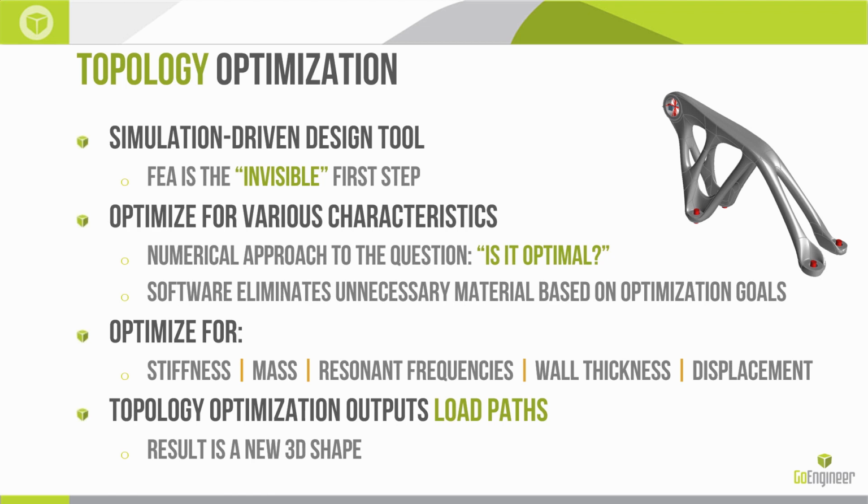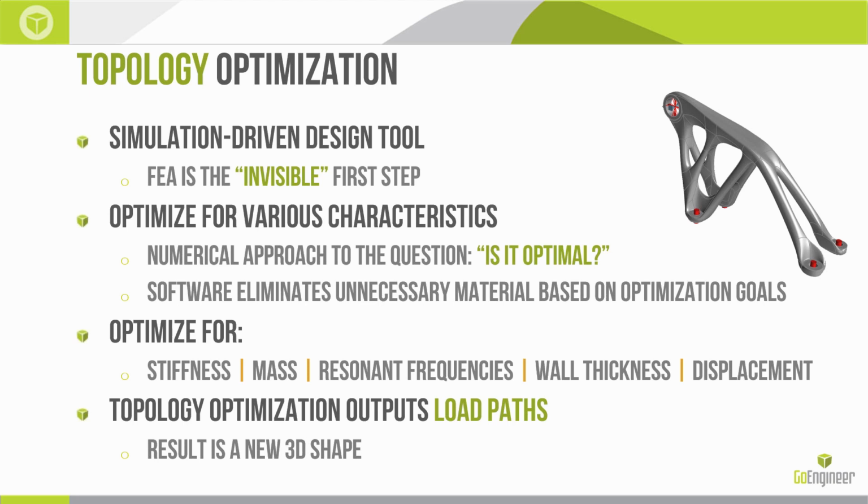What topology optimization is allowing us to do is to kind of develop a numerical approach to answering that question, is my current design optimal? We're using software algorithms instead of our personal experience to start removing unnecessary material based on our optimization goals.